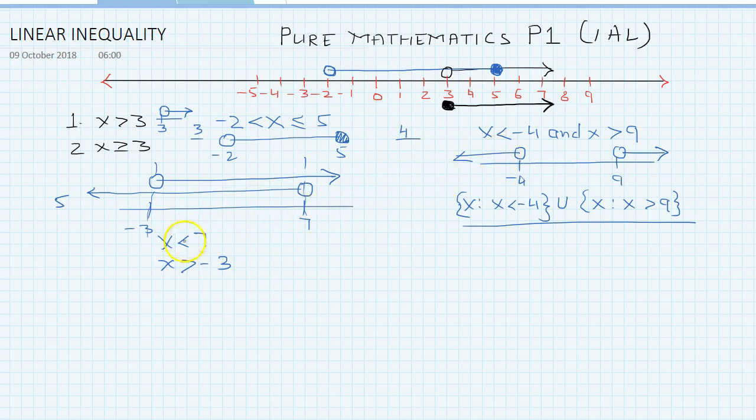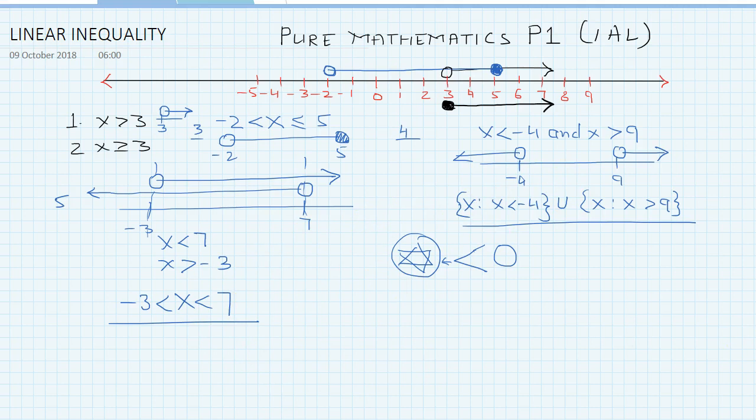This can be written as x is greater than -3 and x is less than 7, or can be written as x is greater than -3 and less than 7. Where the pointed side of the symbol is, that number is less. The pointed side is less and this is greater.